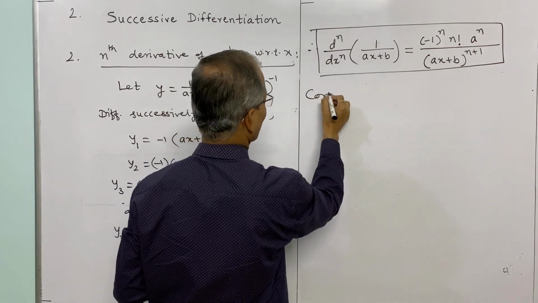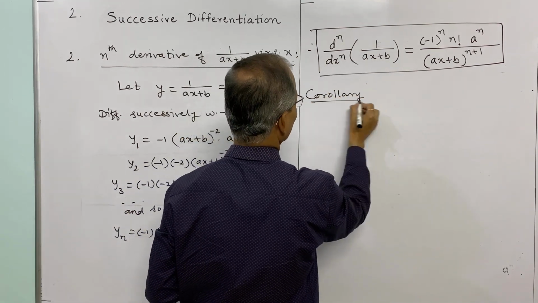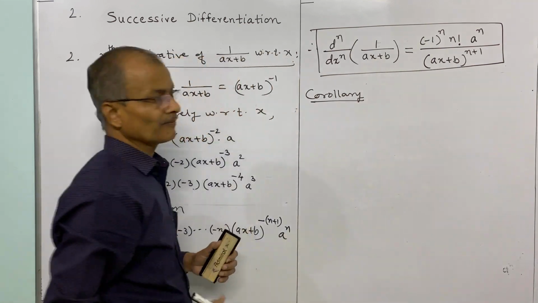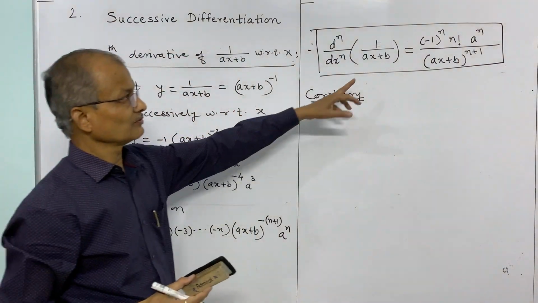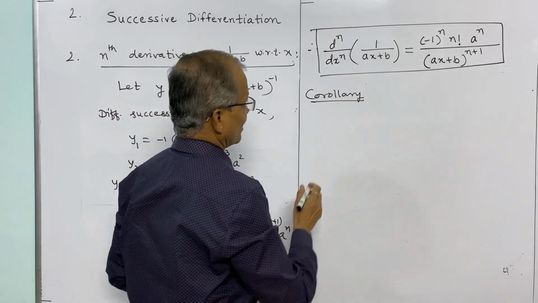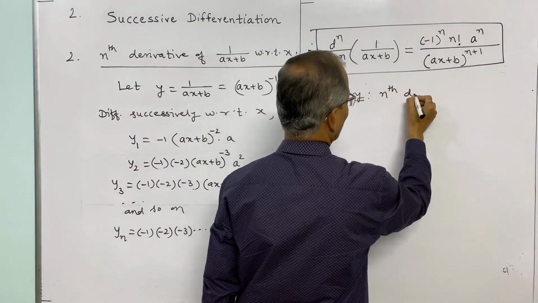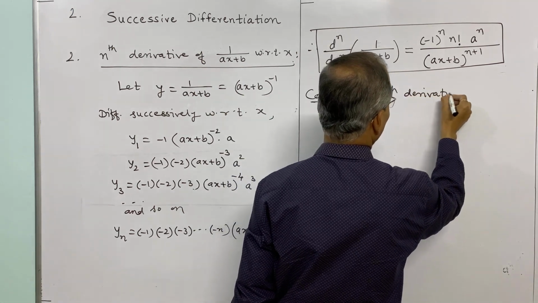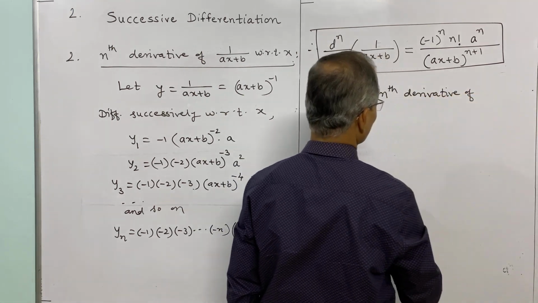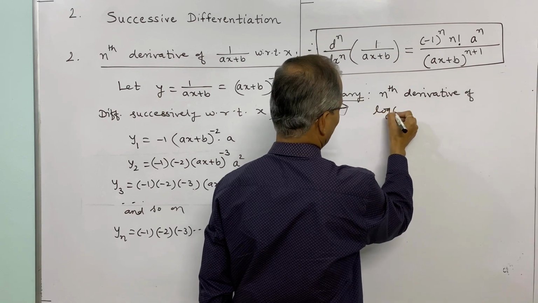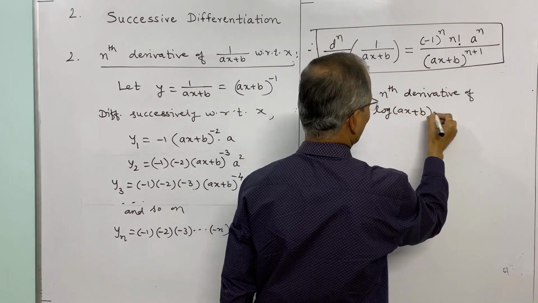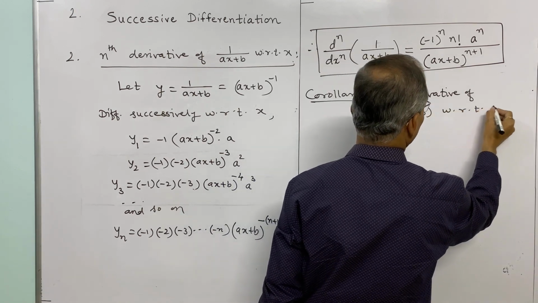So corollary, that means we shall obtain this result from this one, which we have just proved. And the nth derivative of log (ax plus b) with respect to x.